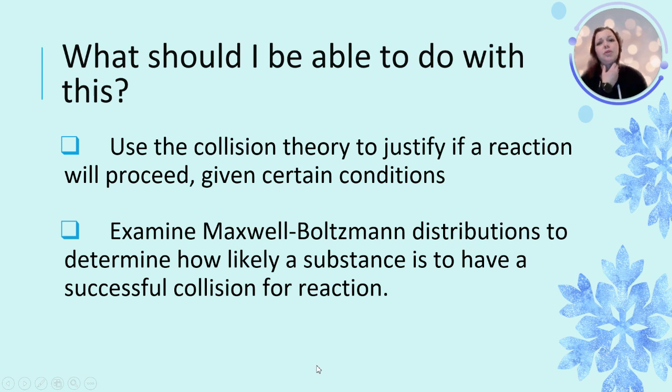What we see a lot with collision theory is particle diagrams and representations. And sometimes you'll be asked why this might not occur, even if other factors are favorable for the reaction to happen. The collision theory might be the thing that's holding it back.